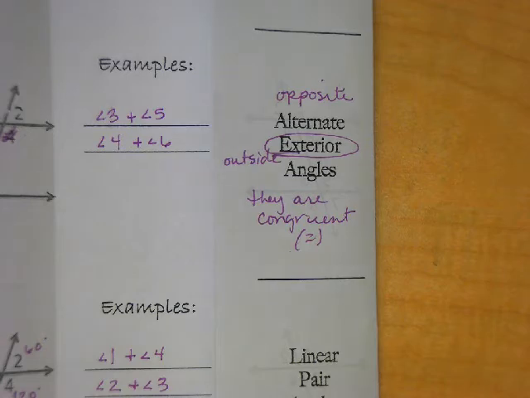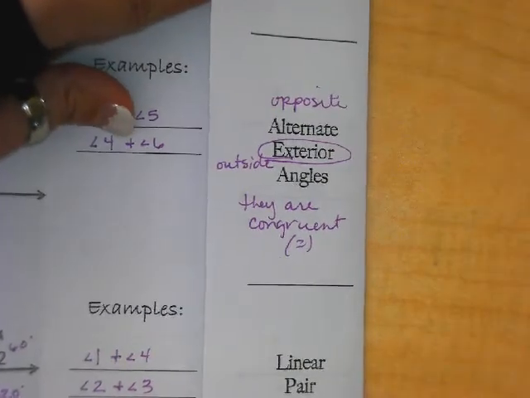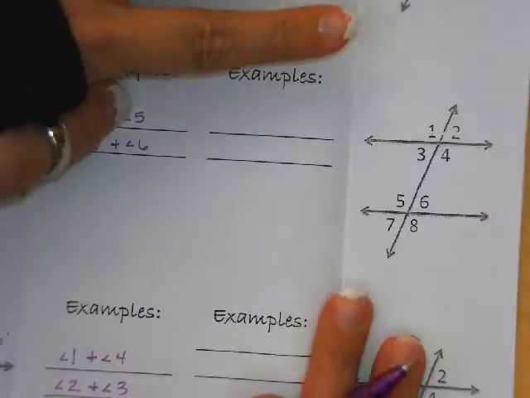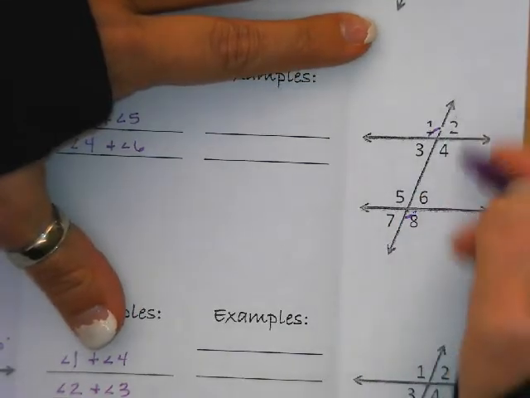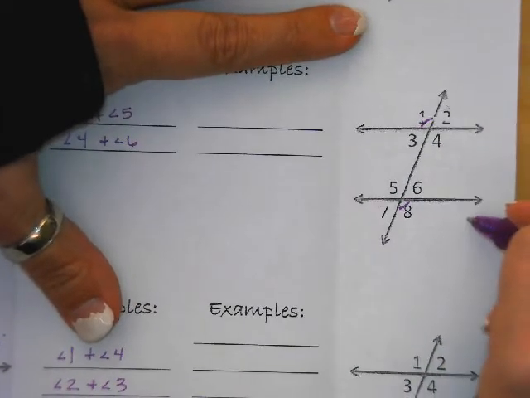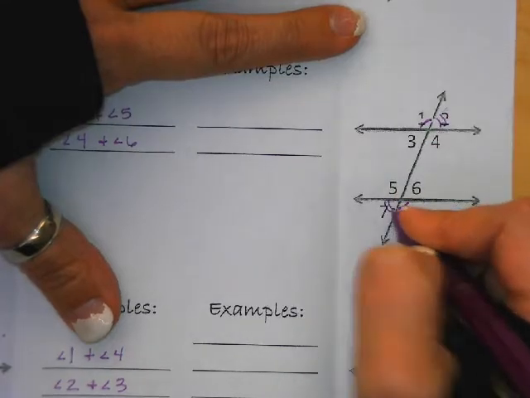Now we're looking on the outsides of the parallel lines, but still opposite sides of the transversal. 1 and 8, so they're on the outside of the parallel lines, opposite of the transversal, and 2 and 7.